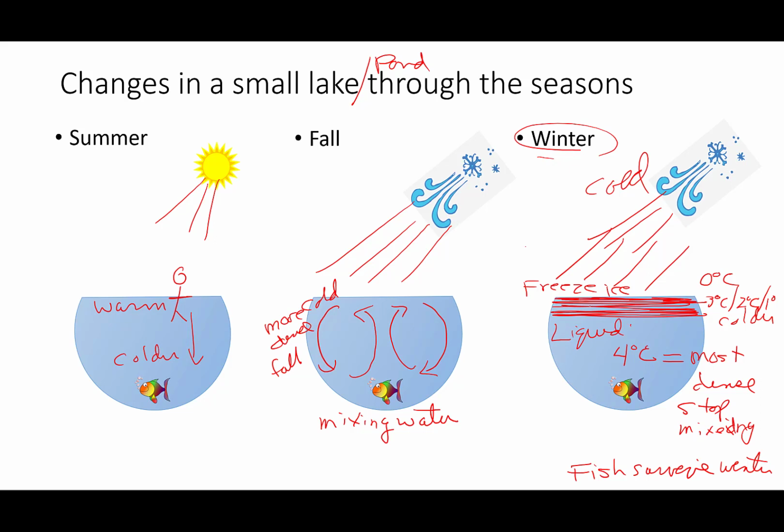Now, if water did not have this wild and crazy property of staying very dense and liquid at 4 degrees Celsius, the water would act like iron and gold and other solids. The pond would freeze from the bottom up. And if the pond froze from the bottom up, your little fishy would occupy less and less and less space.